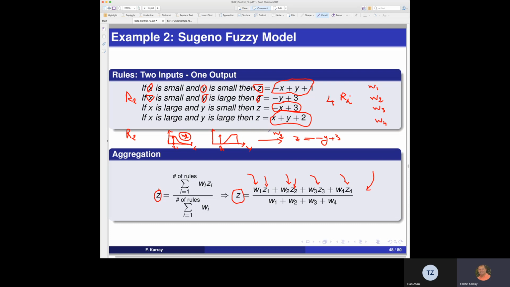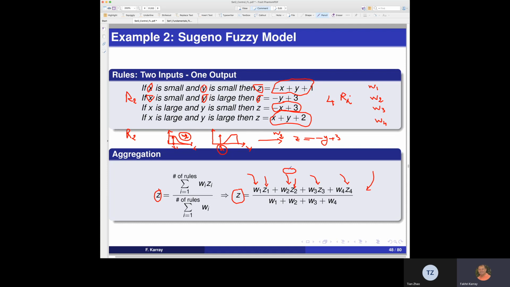The firing strength for rule 2 is given by omega 2, and given that y here is not being excited, y is going to be equal to this particular value of y. What we have here is omega 1 z1 plus omega 2 z2. The second rule is given by omega 2, which is the maximum value here.